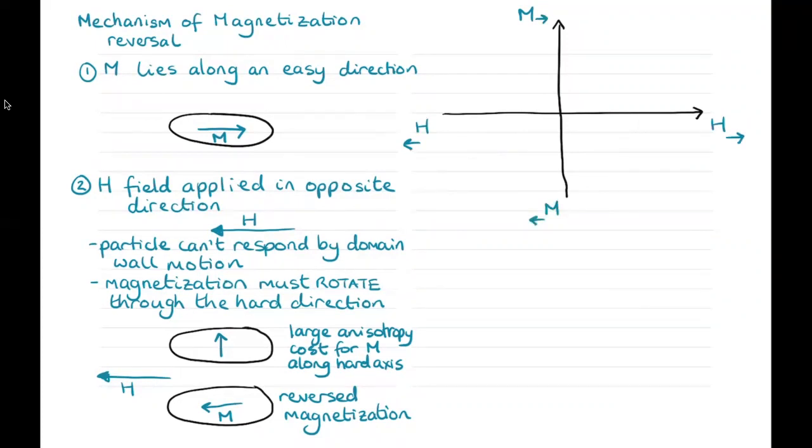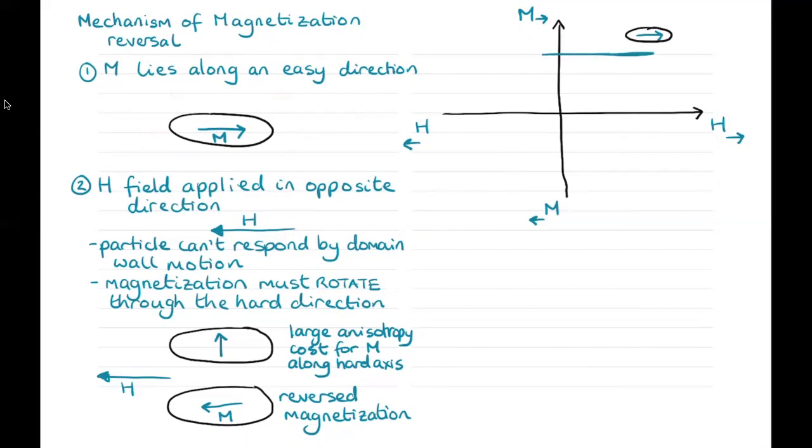So we start off with our particle magnetized to the right. That was our initial condition over here. And so our magnetization is in the right pointing direction, and even with no field, it's still pointing to the right.